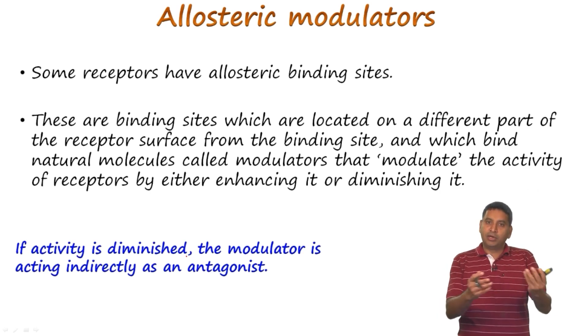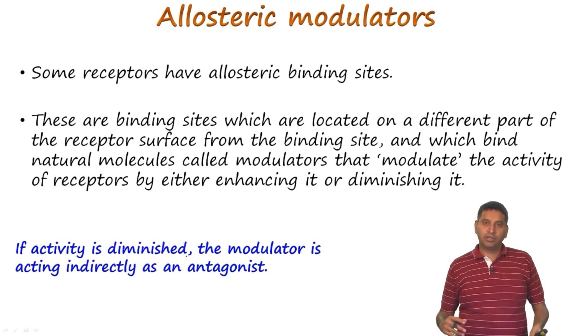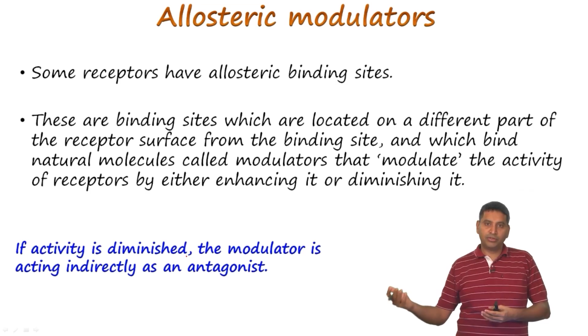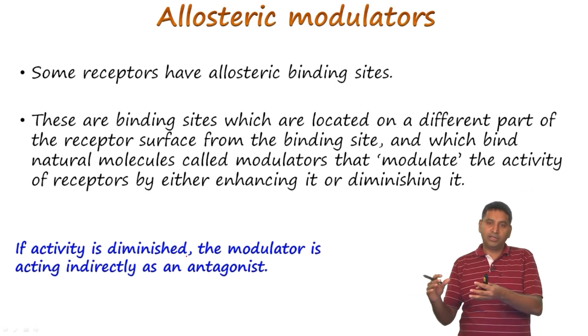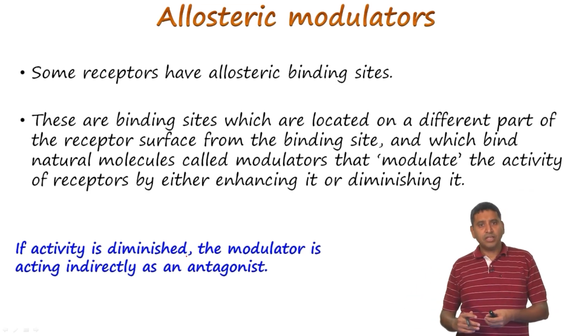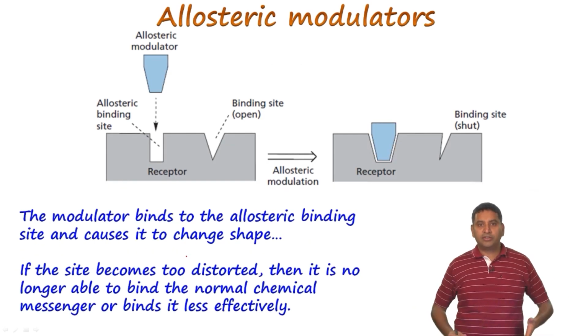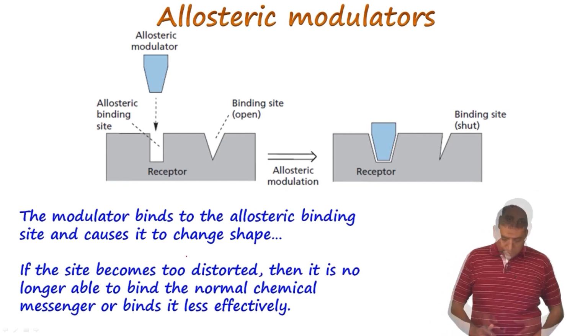Again, one can draw a parallel to what we have learnt in enzyme catalysis, in that we also have allosteric binding sites which can help regulate the activity of an enzyme. Now, if the activity of the receptor is diminished, then the modulator is indirectly acting as an antagonist. So, in order to understand this concept better, let us look at a cartoon.